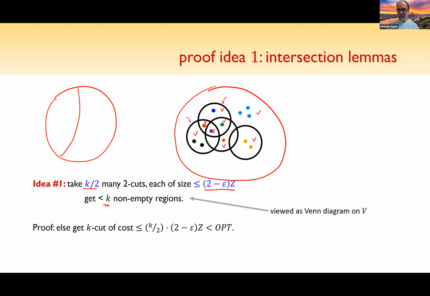Okay. So what's the moral of the story? If I take these two cuts and I put them down, they can't shatter my graph into many pieces. So I can ask the question, how large a set system can I build such that if I take any k over 2 sets from the set system and I put them down, the Venn diagram only contains k minus 1 occupied regions.